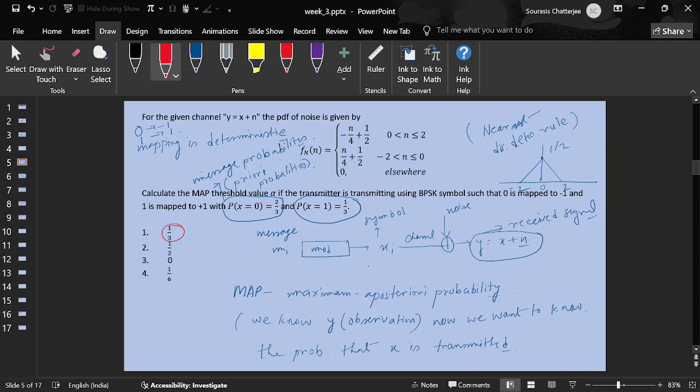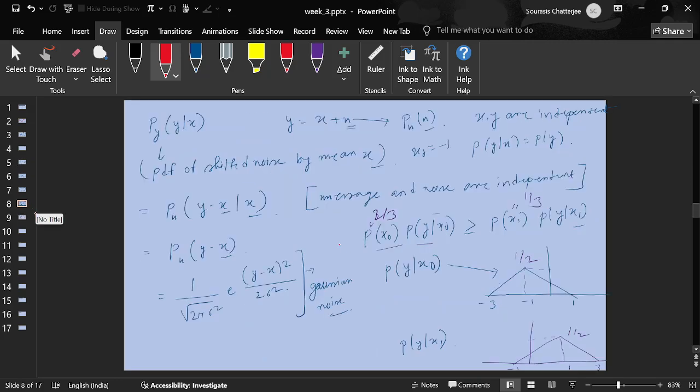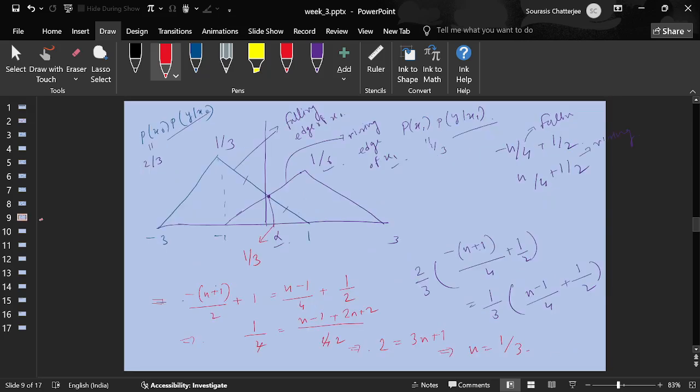But make sure your assignment might have some different prior probabilities. The calculation remains the same, but your prior probabilities might very well be different, so your answer is also going to change. You need to be careful about that. The procedure remains the same, but based on the prior probability, the answer can very well change.